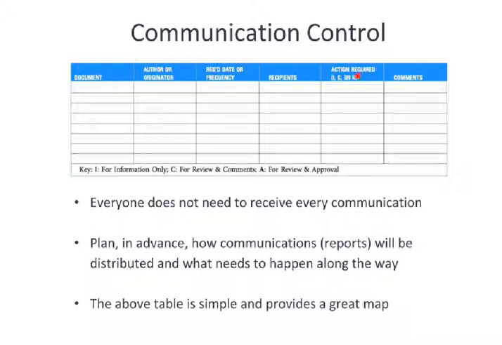And they use a little key here, I, C, or A. I means it's for information only. C is they need to review and comment on what was discussed. A is they need to actually review and approve it. You're actually expecting an approval response back on what that document states. And then any other types of comments necessary.